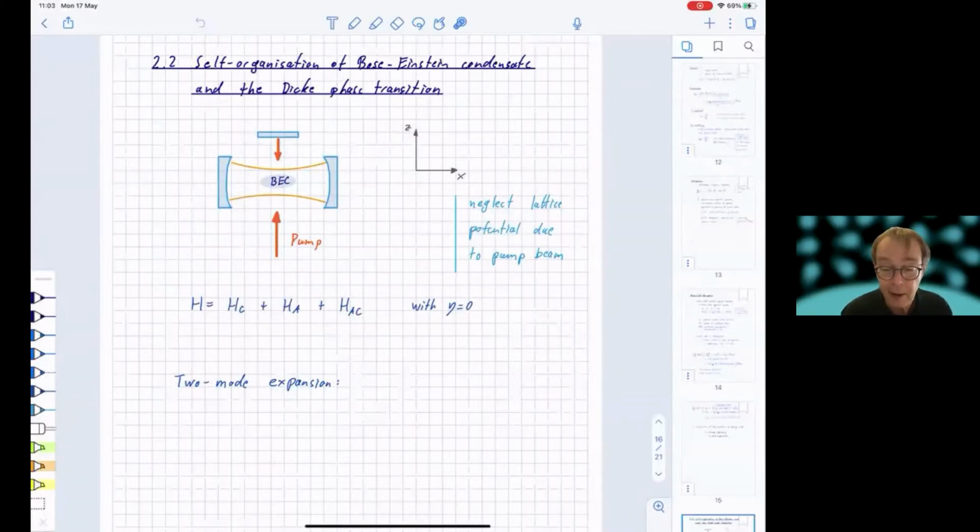And we will at this point try to simplify to get the essence of this self-organization and the somewhat surprising mapping to the Dicke phase transition. What I will show you is that you can treat this as a spin 1/2 system coupled to a cavity mode, which is the Dicke model.